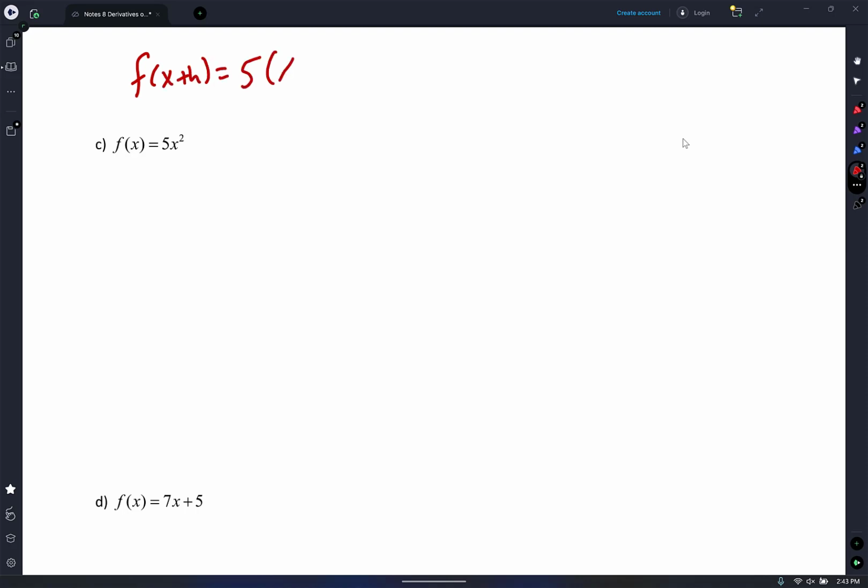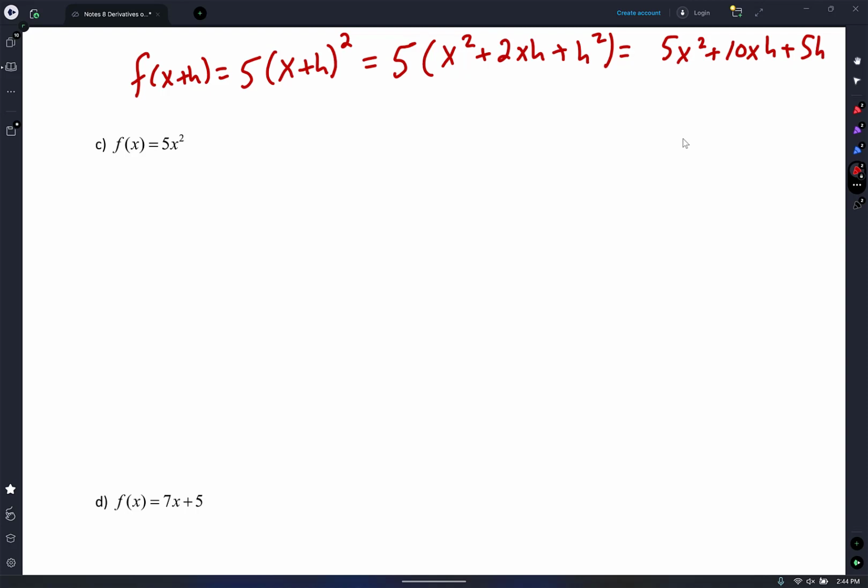5 times (x plus h) squared equals 5 times, what is x times x? X squared, and then plus x times h is xh. We're going to have 2xh plus h times h, h squared. Distribute the 5. So 5x squared plus 10xh plus 5h squared.